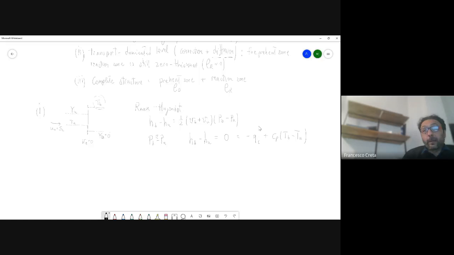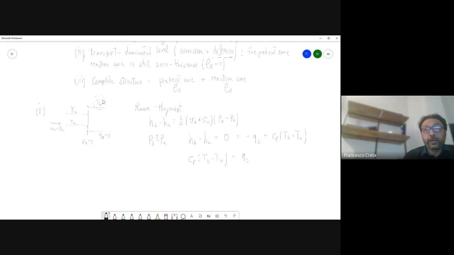So if you rewrite this in a premixed flame, you can see that the heat of reaction, QC, is fully used to increase the temperature of the products. So you have an incoming flow at temperature TU, which is heated up to TB through the heat of reaction.